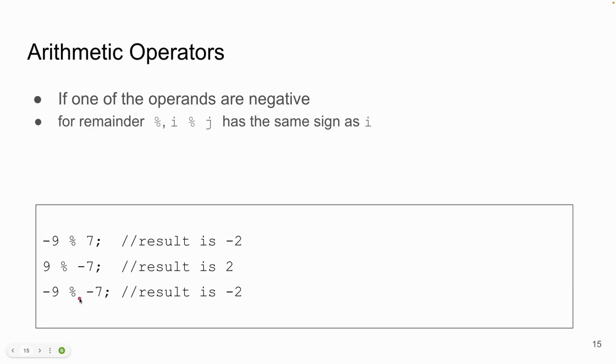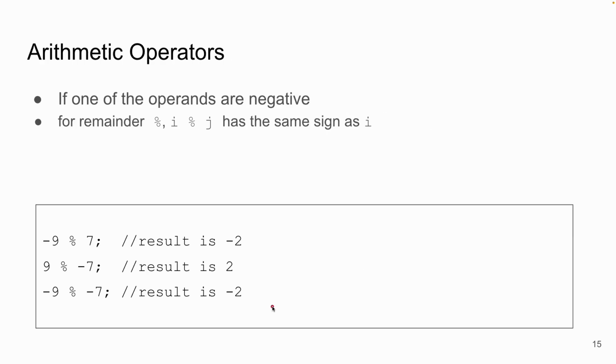And finally, in this case, both operands have the minus sign, right? But again, we just apply the same rule. The result will have the same sign as the left operand. So in this case, the result is also -2 for the third line.